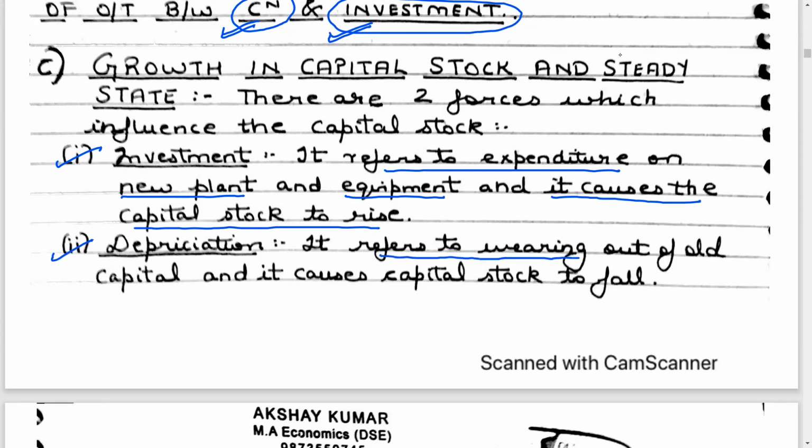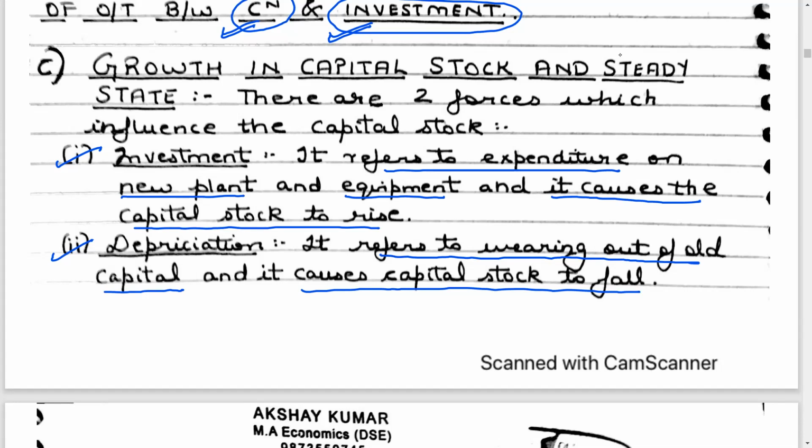Depreciation refers to the wearing out of old capital, and it causes the capital stock to fall. Students in commerce and accountancy have done the concept of depreciation in depth. Okay, but in economics, depreciation simply means that your capital stock is depleting in terms of value. It's wearing out.